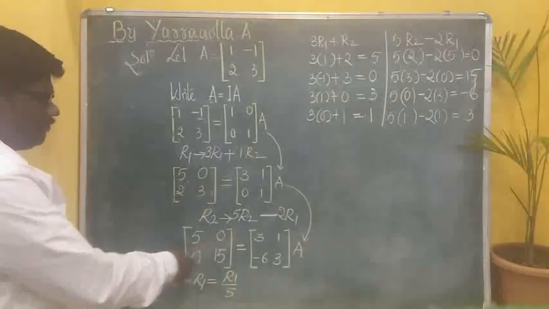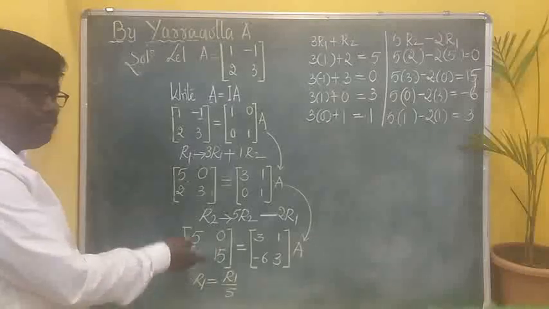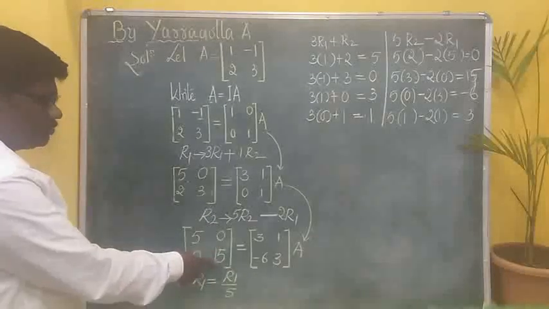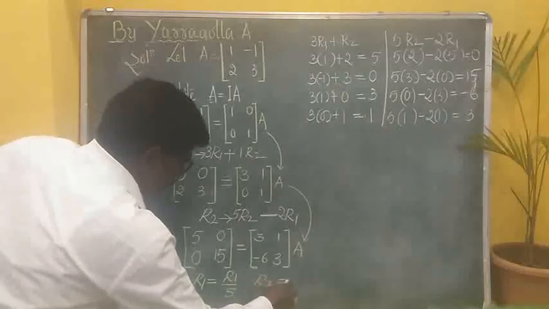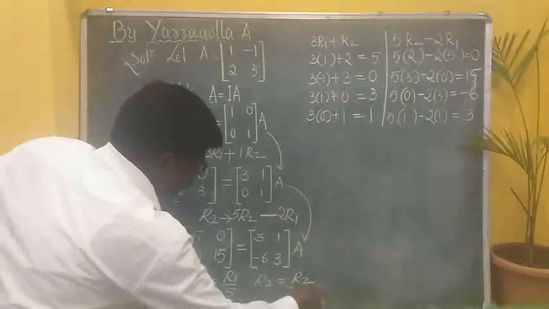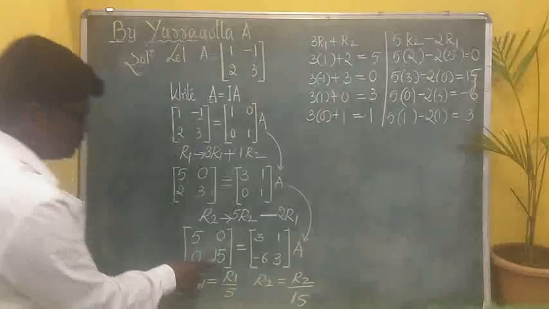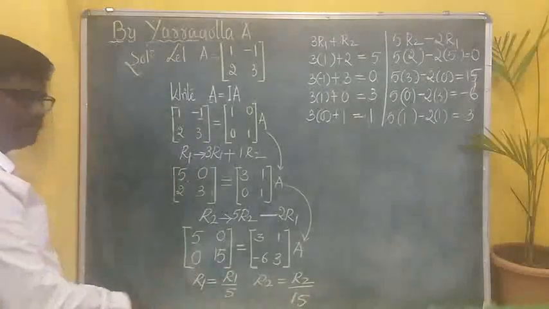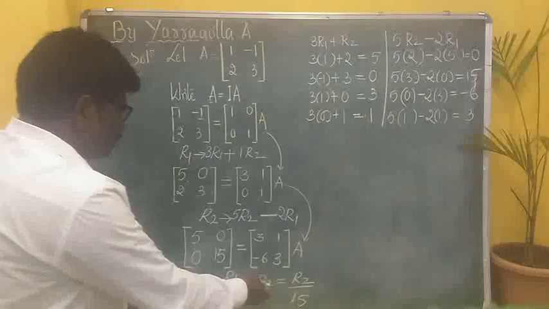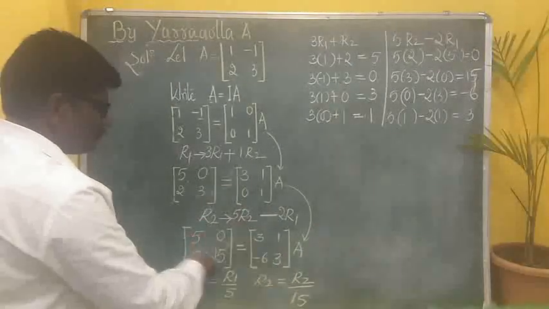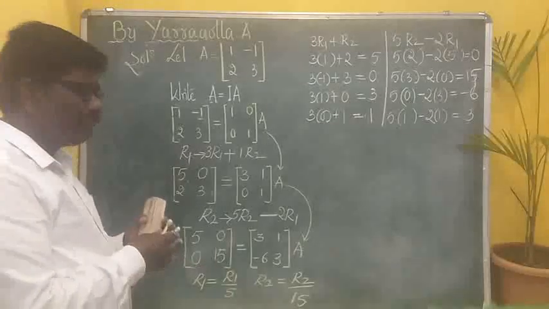In the same way, if you divide the second row by 15, even this becomes 1, right? The second row must be changed like this: Row 2 by 15. Whatever numbers will be there, divide by them. Automatically they become 1. Let us apply these two operations in both the matrices and get the final answer.